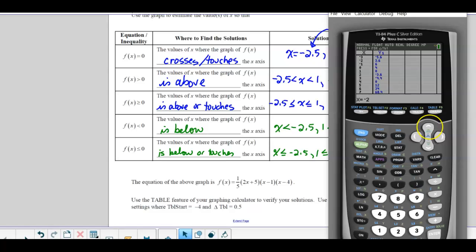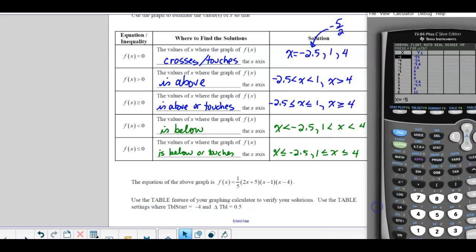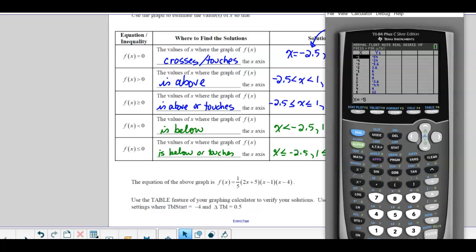If you cursor up, it'll go more negative. The information here says change the settings to start at -4 and have delta, which means the change in the table, going up by 0.5s. Mine's all going up by ones. So I'm going to go second window, which is table set, and I'm going to start at -4. Not that that really matters, it'll go all the way to infinity, basically.